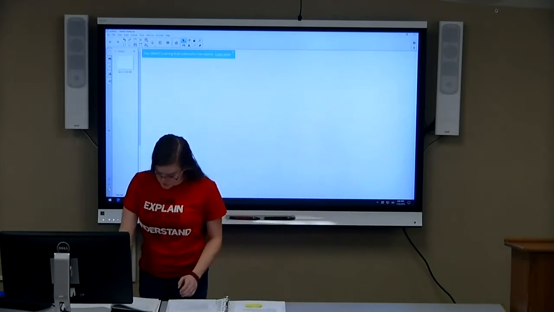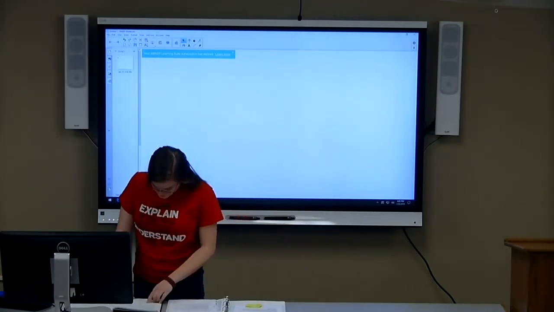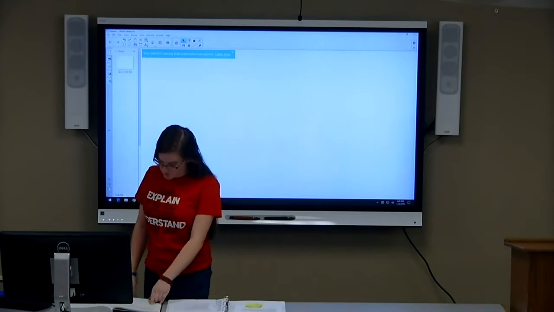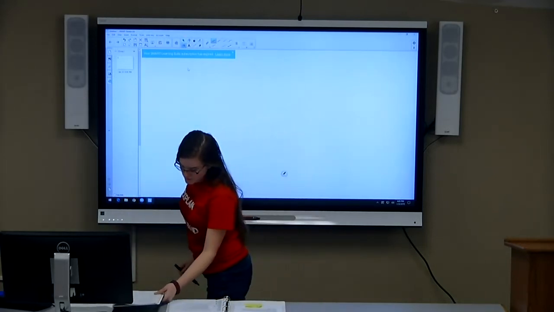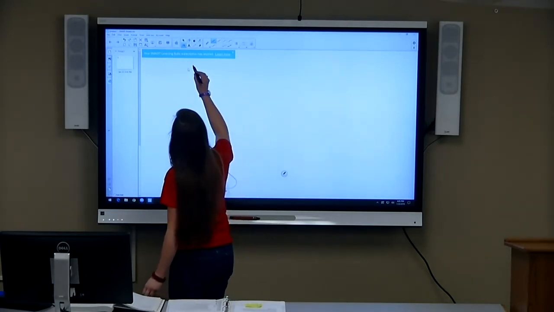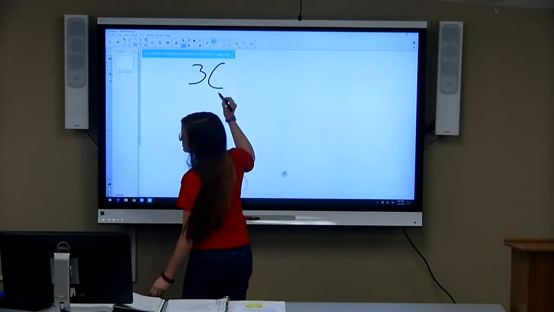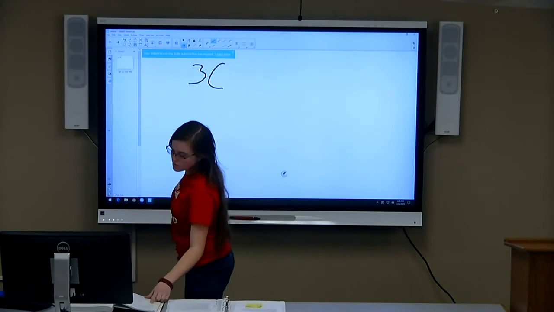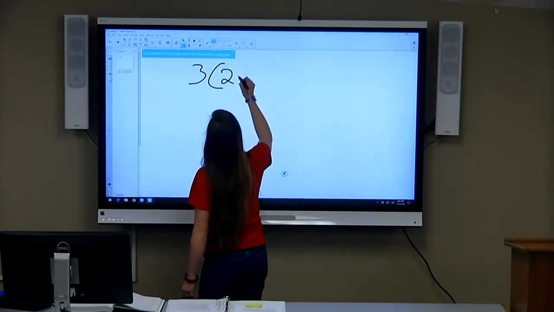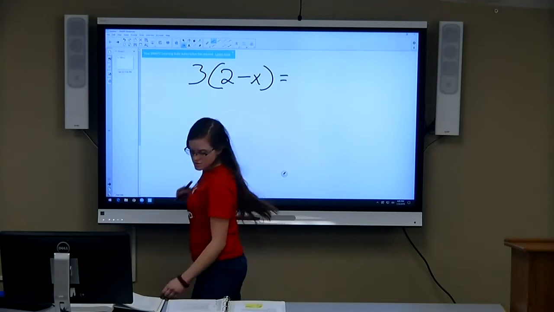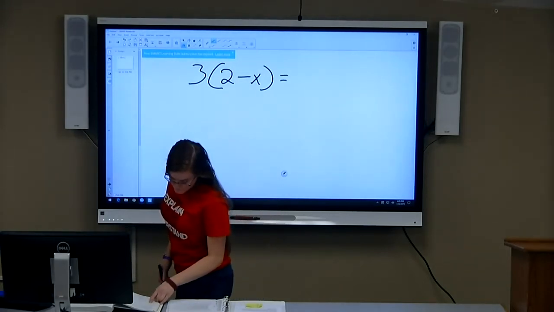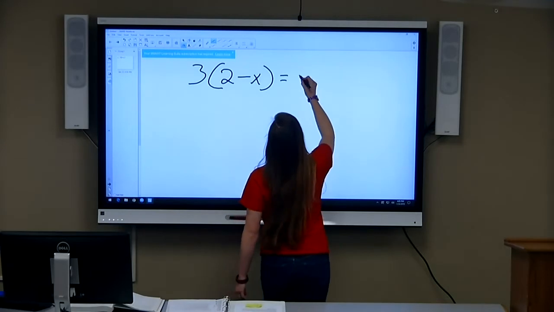All right, we're going to move on to a harder problem, which would be number 28. It has a couple more steps. It's going to be 3 parentheses 2 minus x equals 2x minus 1.